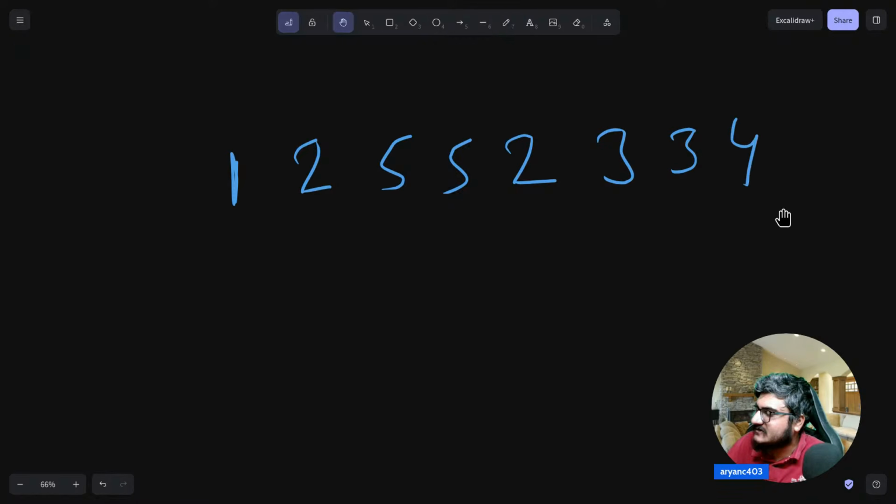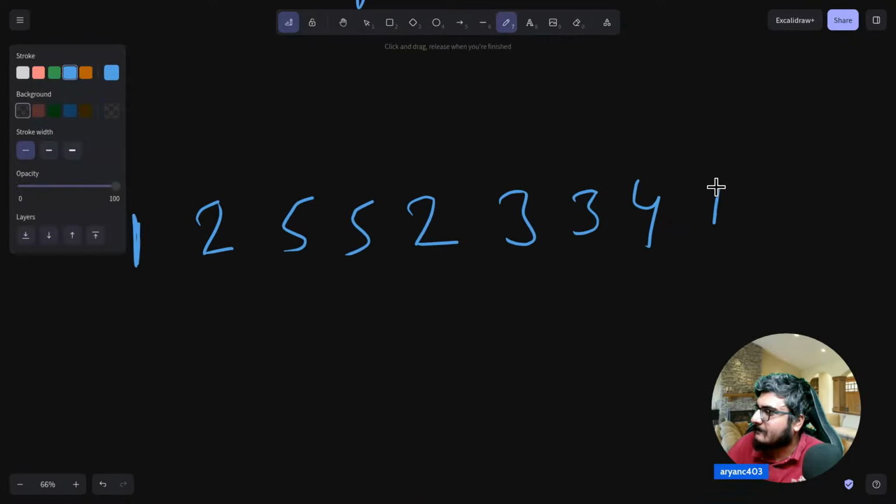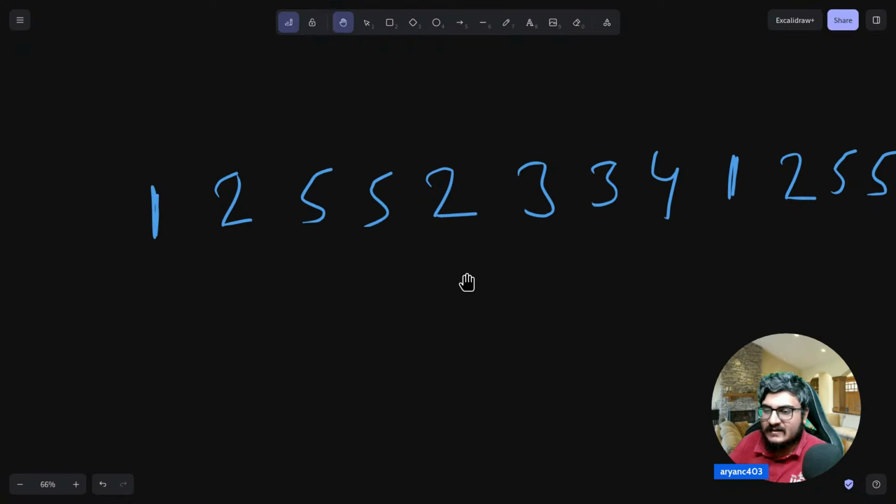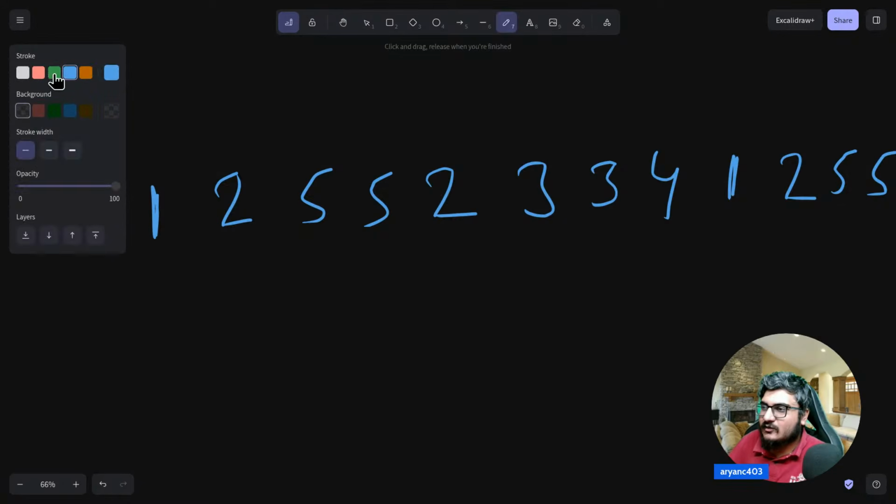Let's say this is a random sequence. Then try to find each set of elements which are incorrect. Like this one is right, there are no problems here. This is the longest incorrect sequence, because these two are equal and here they sum up to 7. So that's not possible.